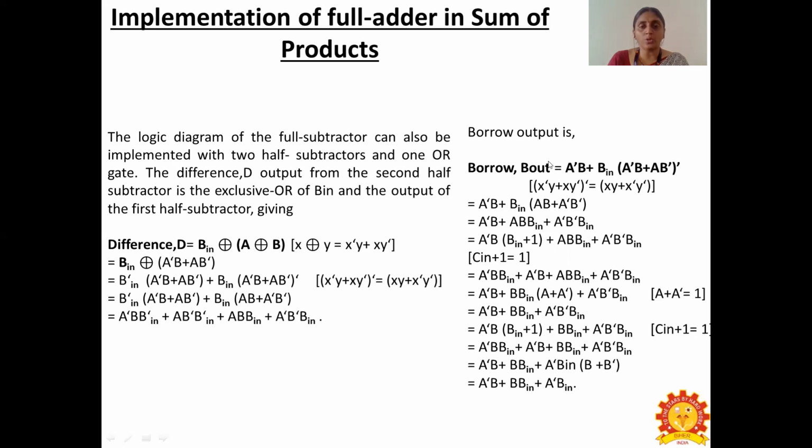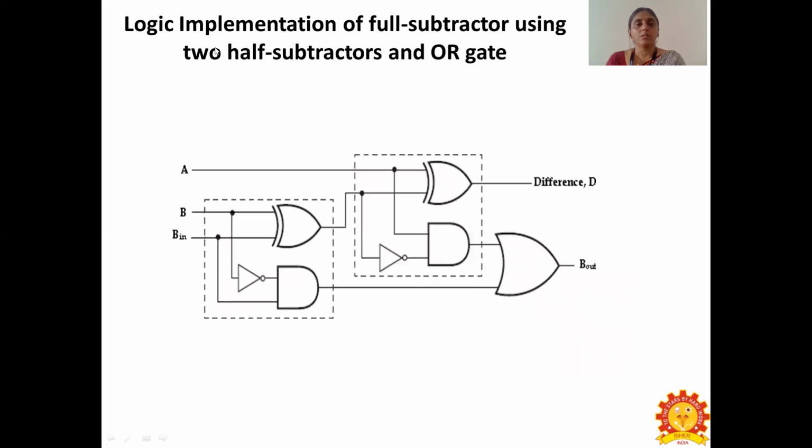And here is the borrow output value, where it involves A dash B plus the borrow input value and the product of A dash B plus A B dash, the whole dash. When simplified, the borrow output value is given by A dash B plus B B in plus A dash borrow input value. And here is the logic implementation of the full subtractor using 2 half subtractors and an OR gate.